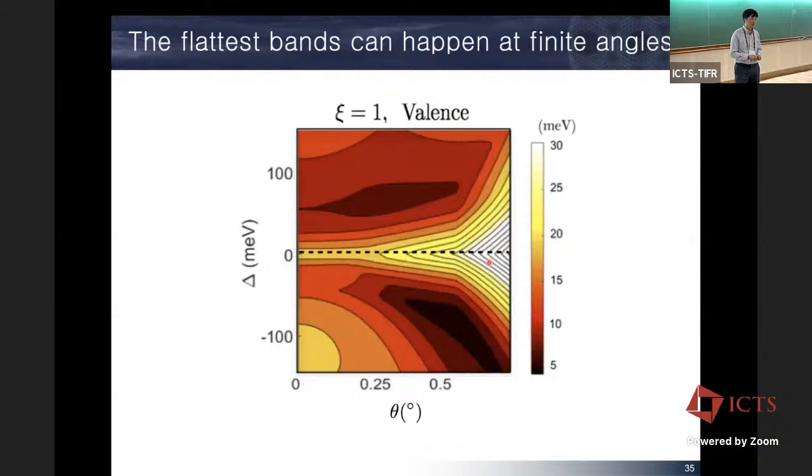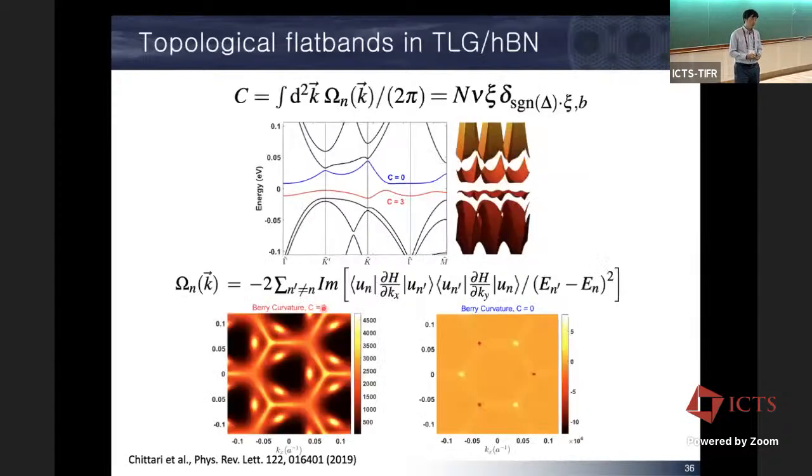And this is the phase diagram of the bandwidth of those narrow bands as a function of twist angle and applied electric field. And we see that for finite twist angle, you would expect narrower bands than even at zero twist angle. And one can calculate the valley Chern numbers of this system. And again, one obtains a finite valley Chern number, which suggests that it can lead to topological phases when appropriate broken symmetry phases are achieved.